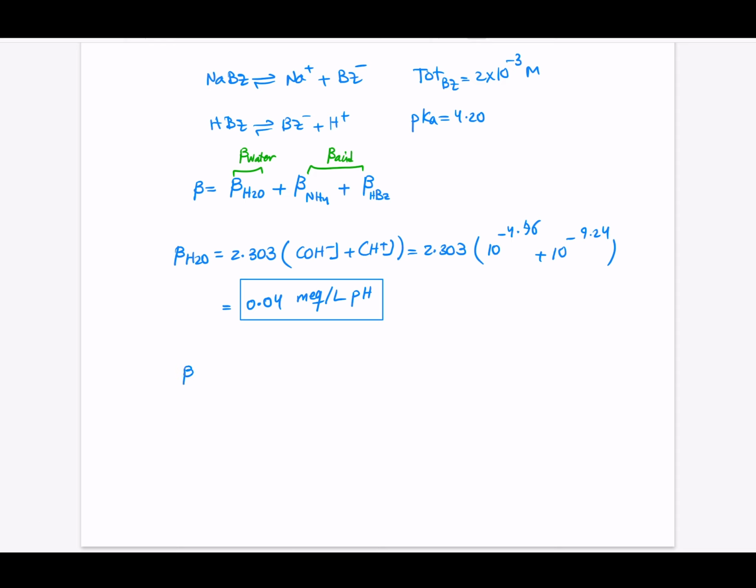So what is it for ammonia? The expression was 2.303 alpha 0 alpha 1 times the total ammonia, or 2.303 alpha 0, which is H plus over H plus plus Ka, then alpha 1, and then the total of ammonia.